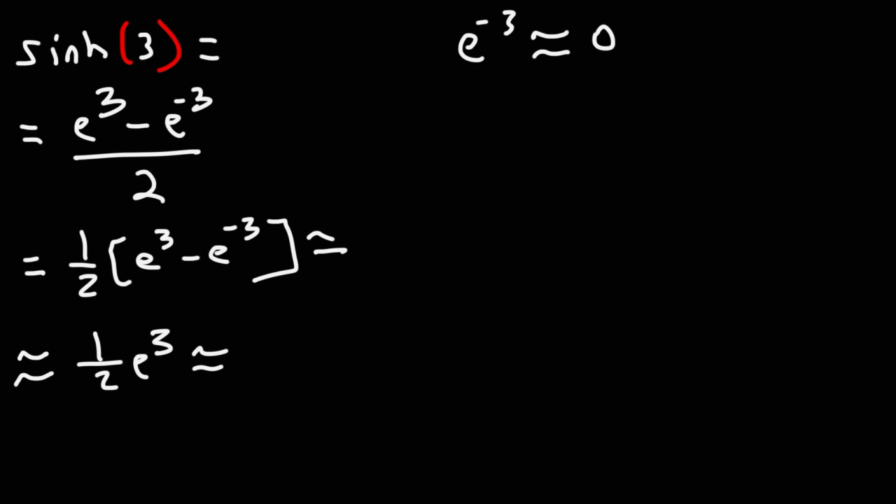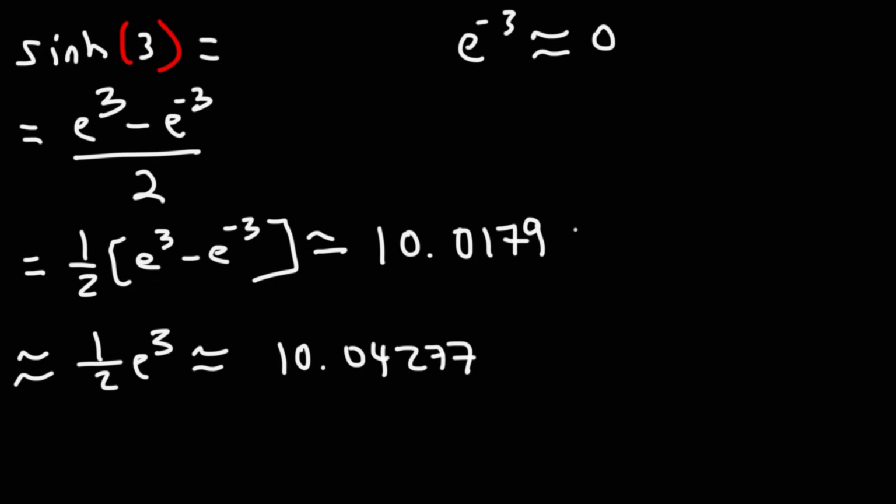So let's go ahead and get the values for these answers. Let's start with the one on top, 0.5 times e to the 3rd minus e to the negative 3. This is 10.0179. As for this answer, 0.5 e to the 3rd power, it's 10.04277.